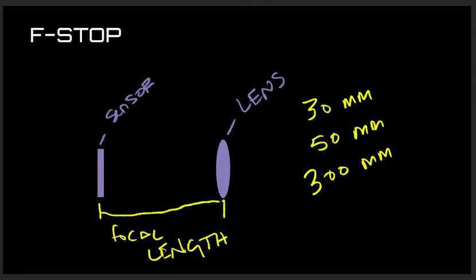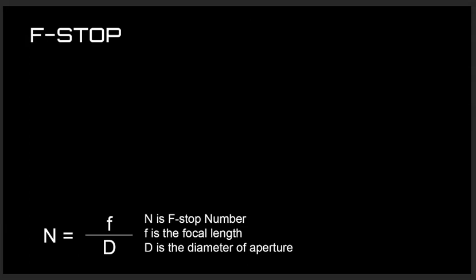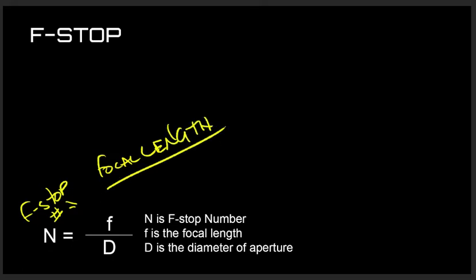Now I'm going to show you the equation, don't freak out, okay? So it looks like this. This is how we figure out the f-stop number. So if N is the f-stop number, N equals F, which is the focal length, divided by the diameter of the aperture, okay?